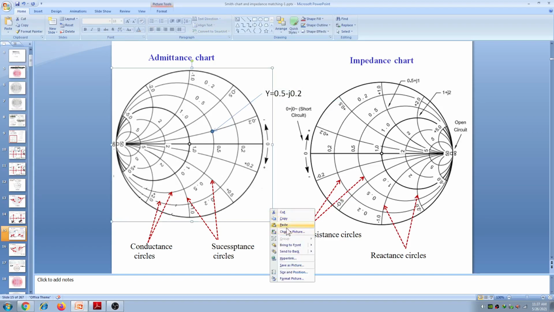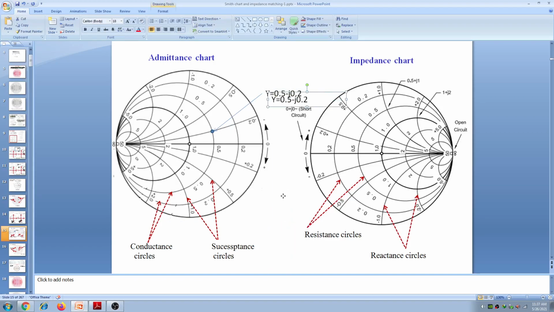So for example, here, y is equal to this. What is the admittance value at this position?